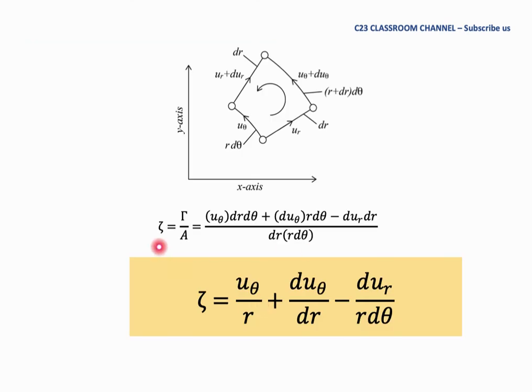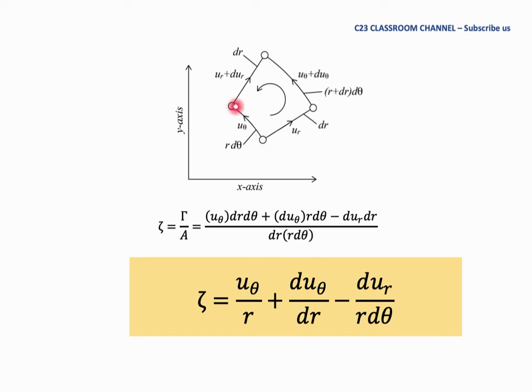And then to calculate the vorticity, zeta is equal to gamma over the cross-sectional area. The value of gamma here is calculated previously, and the area here is the area of this shape. We can simplify the area of this shape as dr, the distance here, times r d theta.